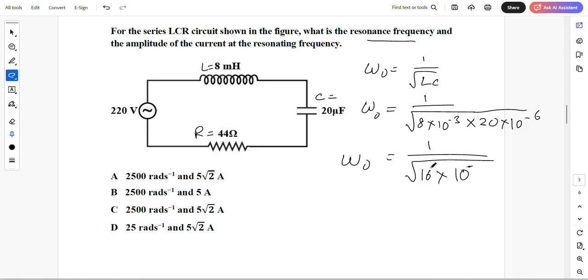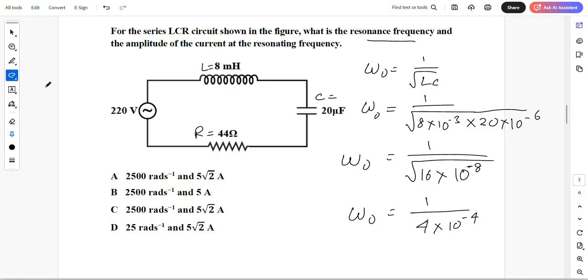Minus 6 minus 3 is minus 9, and minus 9 plus 1 is minus 8. Square root of 16 is 4, into 10 to the power of minus 4.